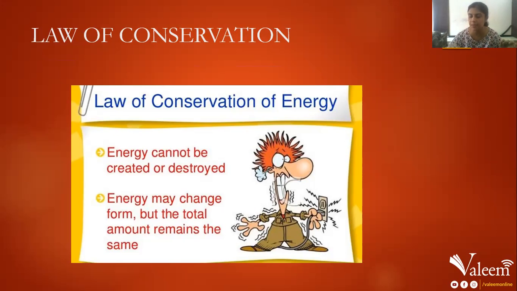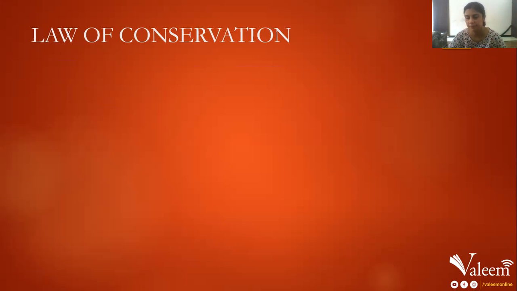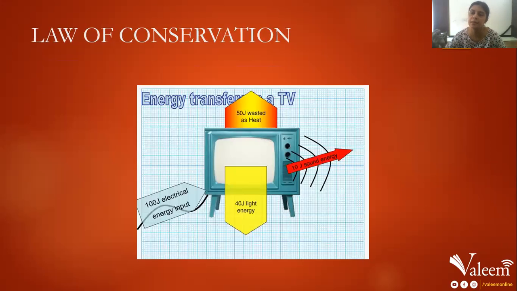Now, let me explain with the help of a mathematical representation. You know that energy is measured in joules. For example, in a television, if 100 joules of electrical energy is input, 50 joules is wasted as heat, 10 joules is emitted as sound energy, and 40 joules is emitted as light energy.